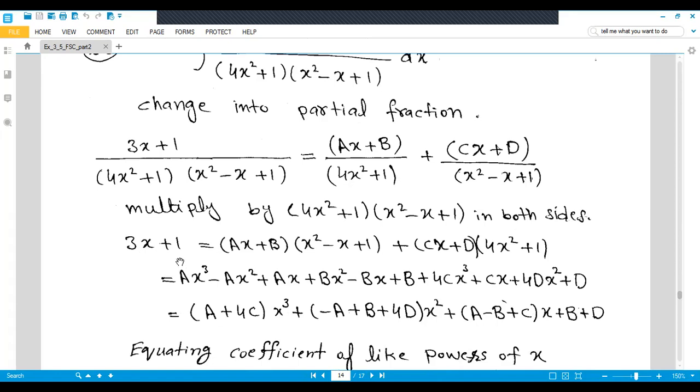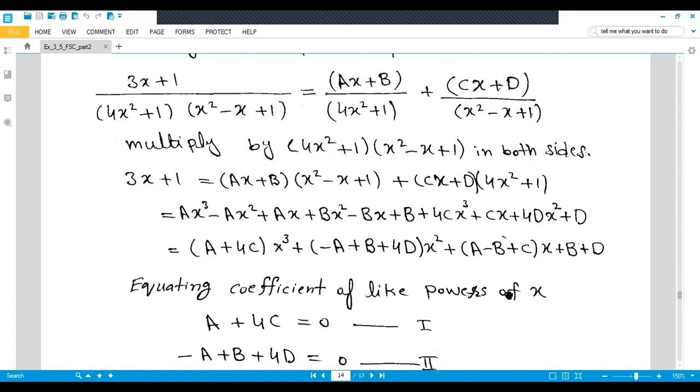Now we simplify. 3x plus 1 we copy as it is. ax multiplied with this bracket: ax cube minus ax square plus ax, and b multiplied with this bracket: bx square minus bx plus b. cx multiplied with this bracket: 4cx cube plus cx, and d multiplied with this bracket: 4dx square plus d.